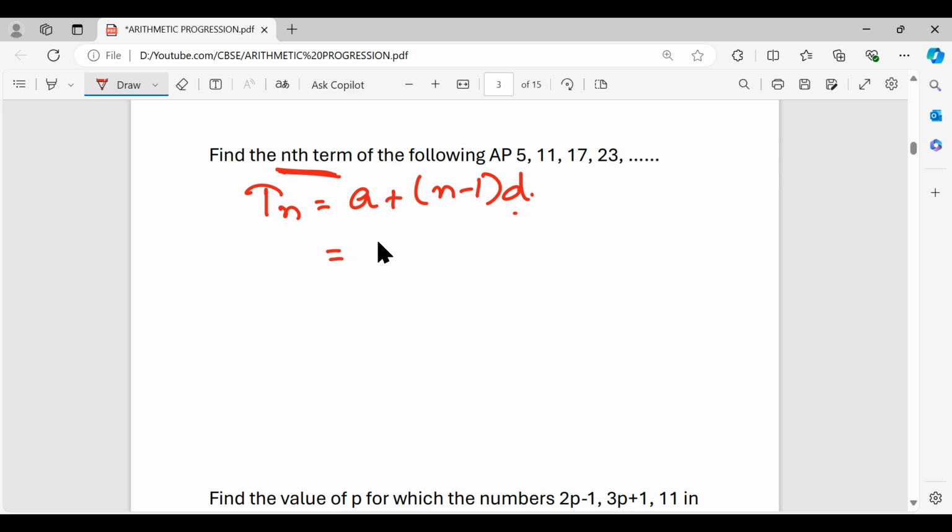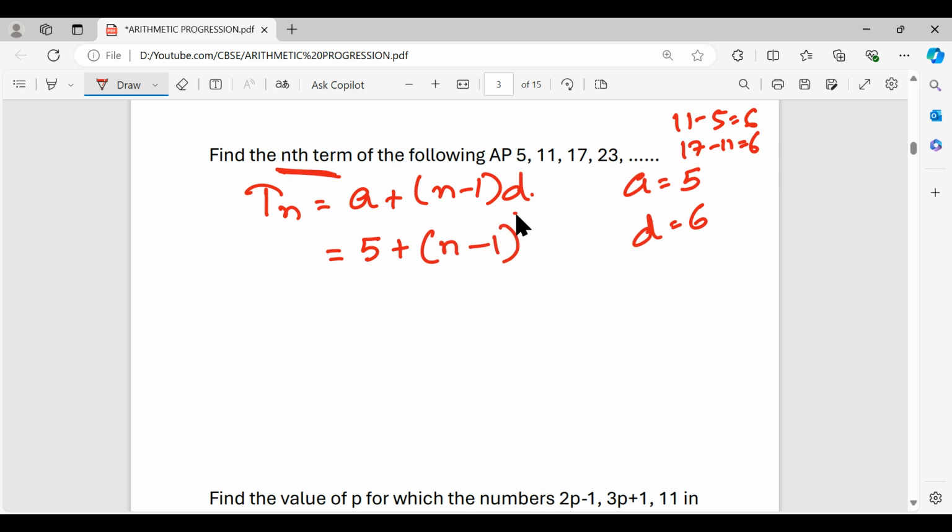So your first, let's mention what is a. a is 5. What is difference? Difference is 11 minus 5, see, 11 minus 5 will give you 6, and then 17 minus 11 will give you 6. So difference is 6. Now we will substitute the values here. a is 5 plus, you leave n as it is because we are finding the nth term.